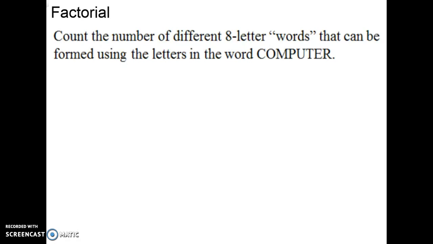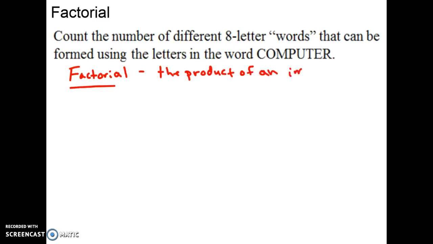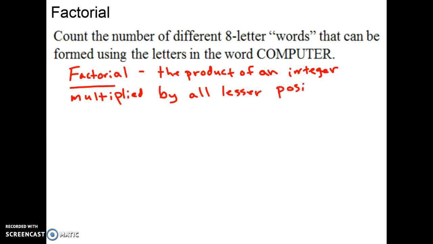And just to define what a factorial is, a factorial is the product of an integer multiplied by all lesser positive integers.